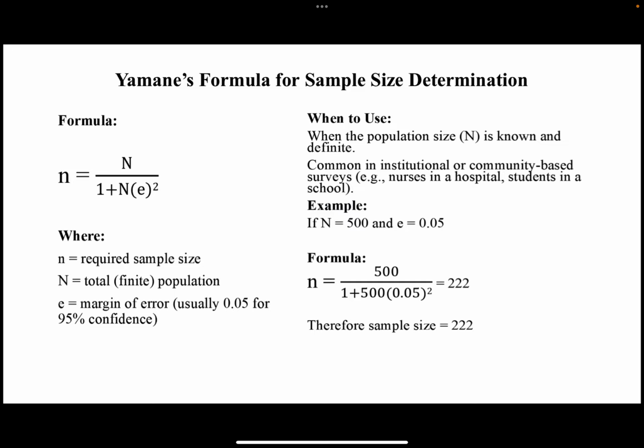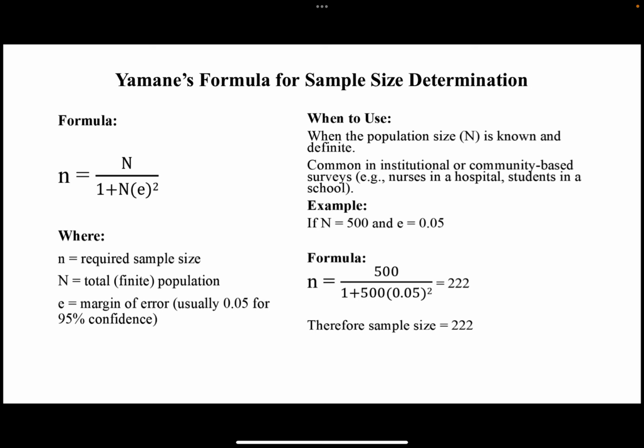Now let's begin with Yamane's formula. Remember, the condition to use Yamane's formula is when, for the population you want to study, the study population, you know the N, the population size. For example, you are going to conduct a study among residents in Soweto.